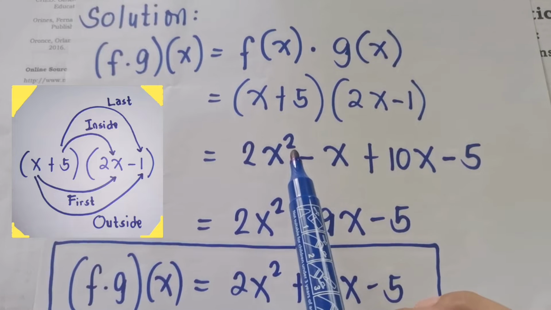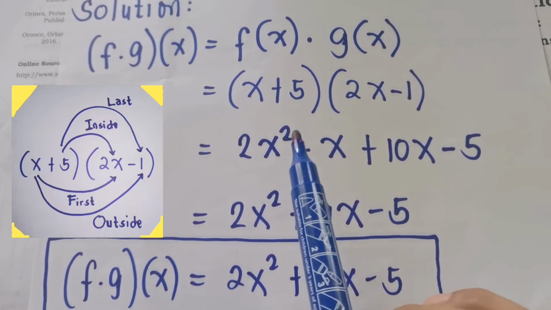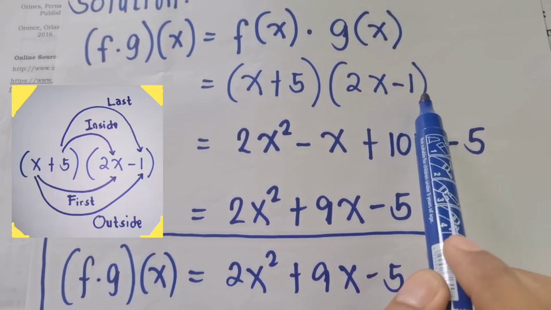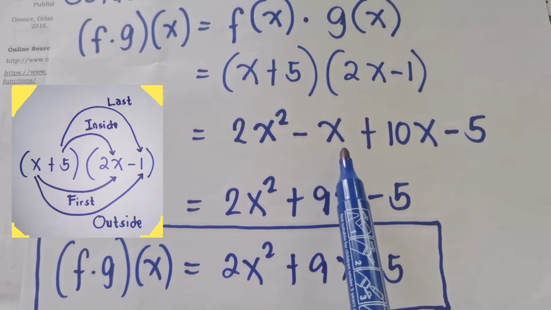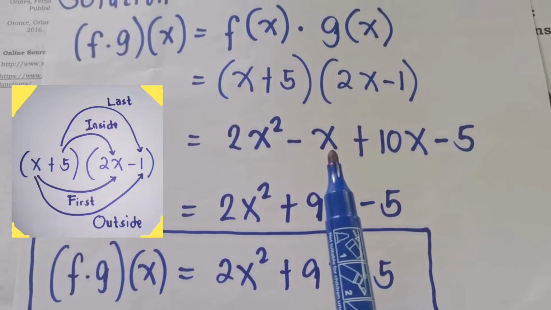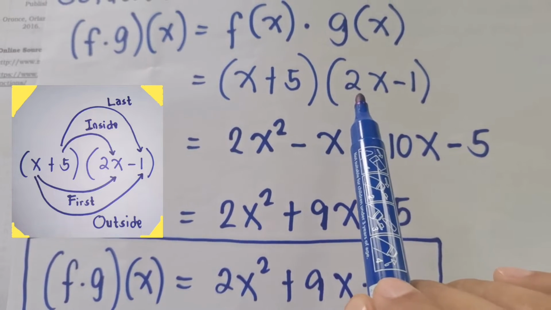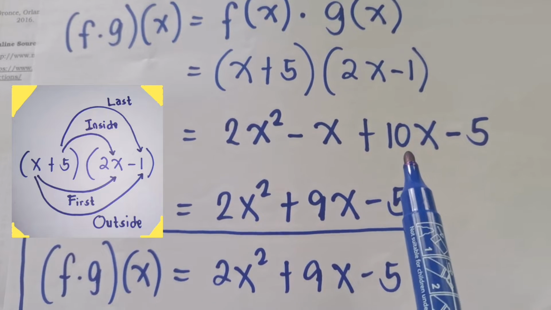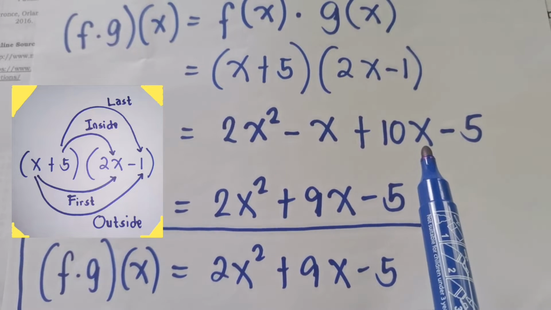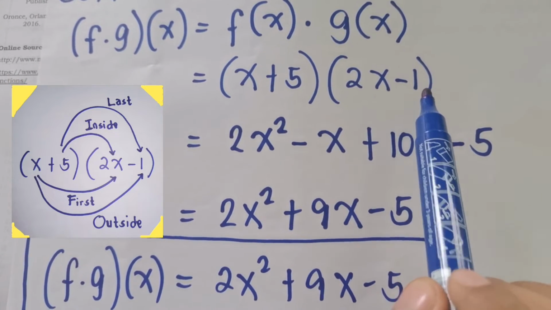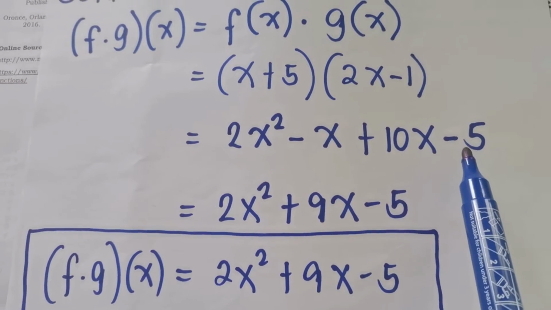For O, outside, x times negative 1, so we have negative x. For I, inside, we have 5 times 2x, that is 10x. Then for the last, we have 5 and negative 1, this is negative 5.